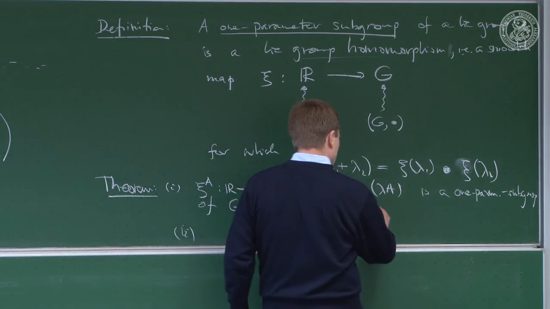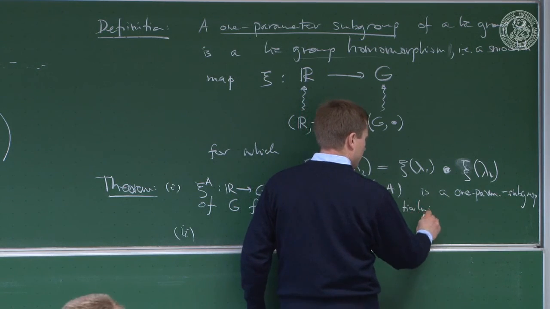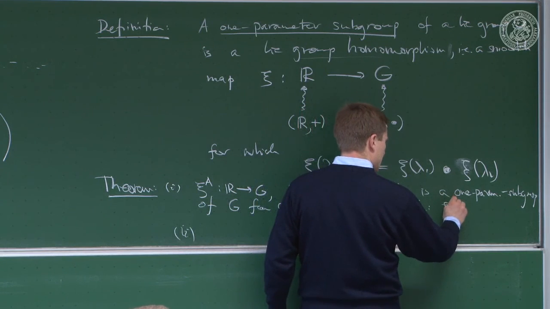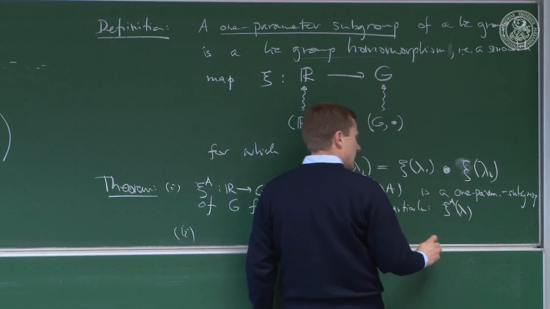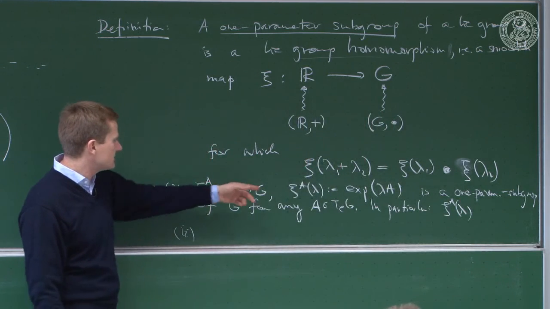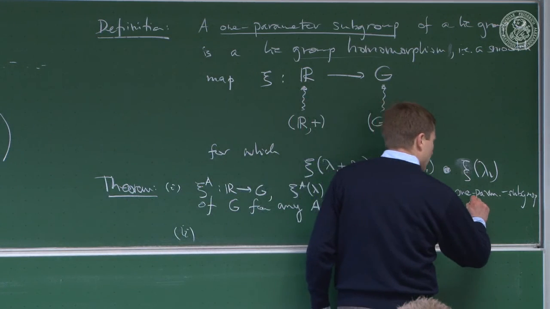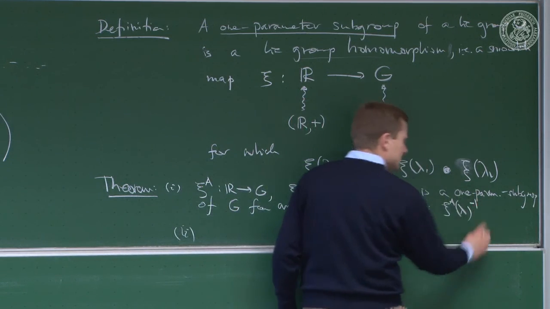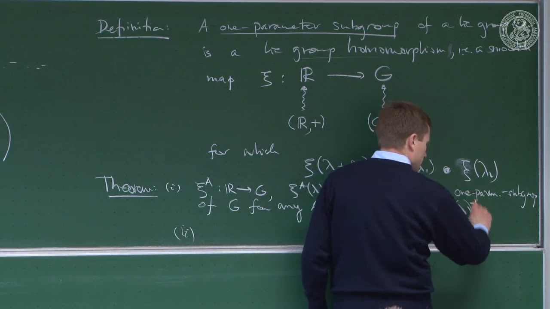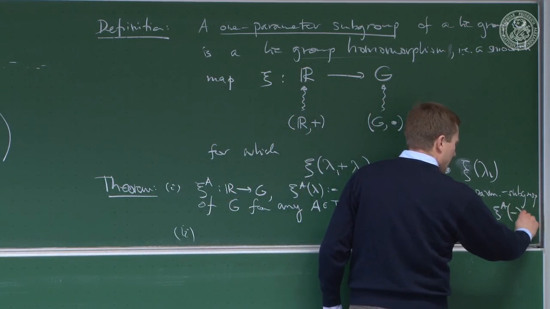So let's say here in particular, you take the Xi A of some lambda, and that's a group element. Well, the A is not an index, it's just a chosen tangent space element. And you can ask, if it's in the group, what is its inverse? And the answer is that is Xi A of minus lambda.